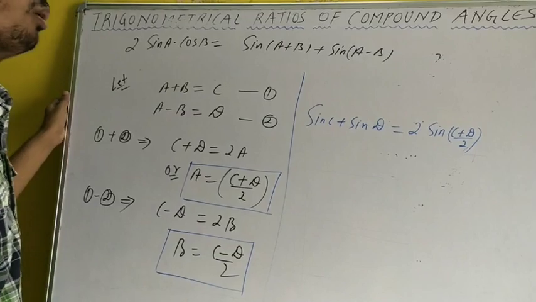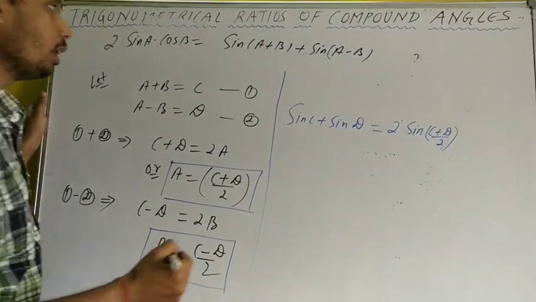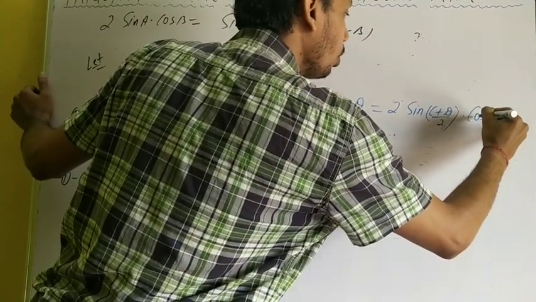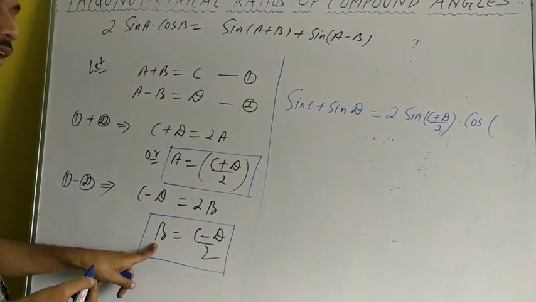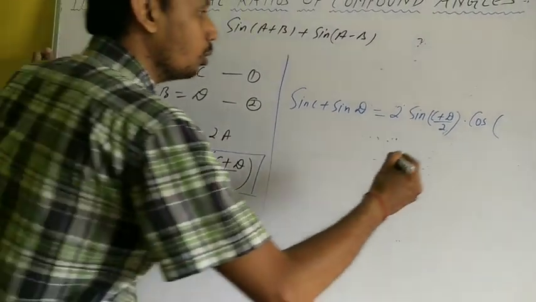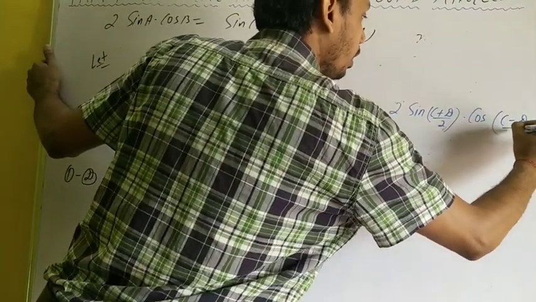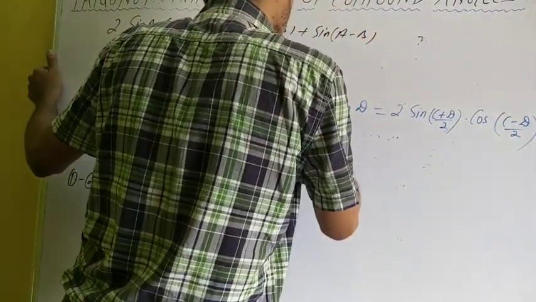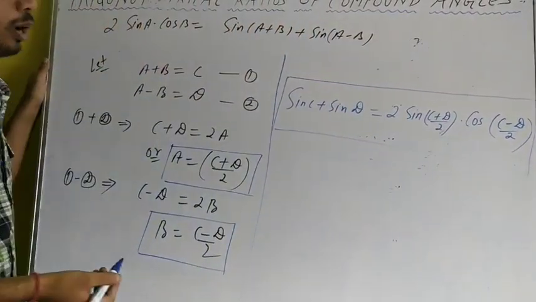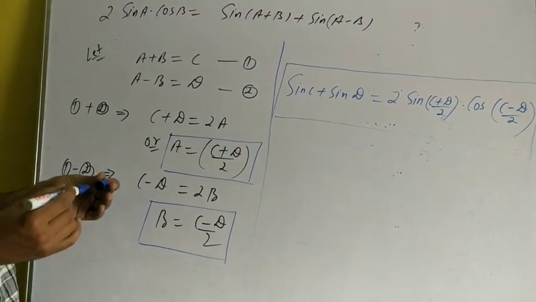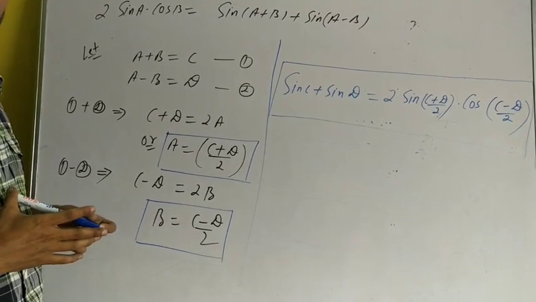Twice of sin c plus d by 2 into cos b, and what is the value of b? b is equals to c minus d by 2. So here we have obtained the value of sin c plus sin d, that is equals to twice of sin c plus d by 2 into cos c minus d by 2.